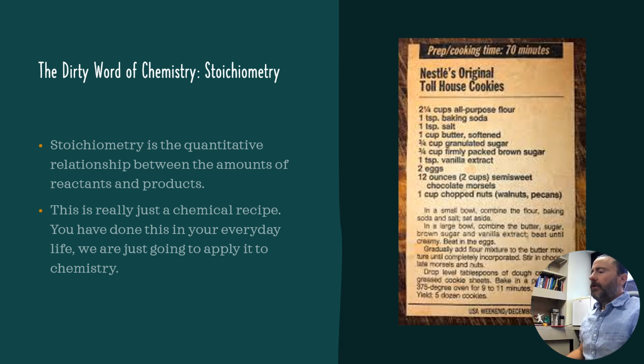Notice over here I've got a picture of some Nestle Original Toll House cookies. In order for us to make a batch of Toll House cookies, it's got the ingredients listed out right there.